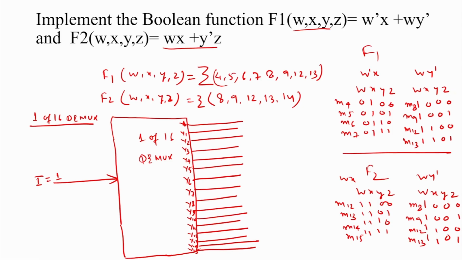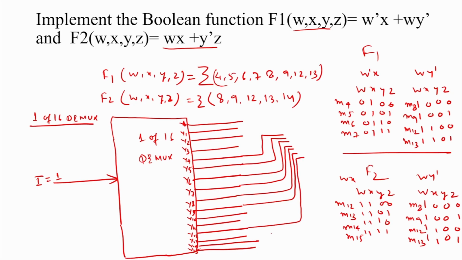For f1, the outputs 4, 5, 6, 7, 8, 9, 12 and 13 are all connected through a single OR gate, which means when any one of the min terms is 1, the output value is 1.